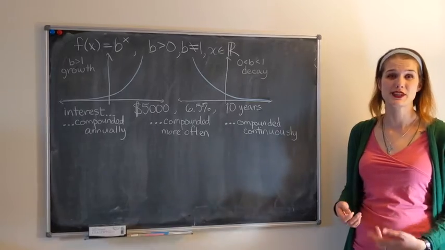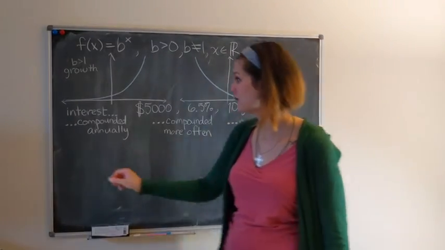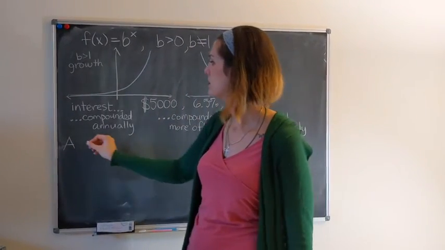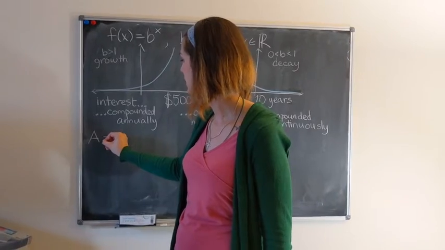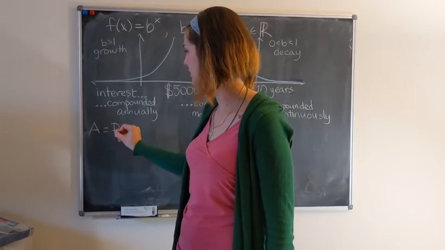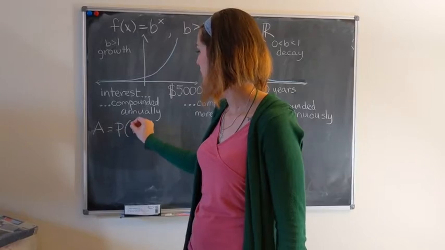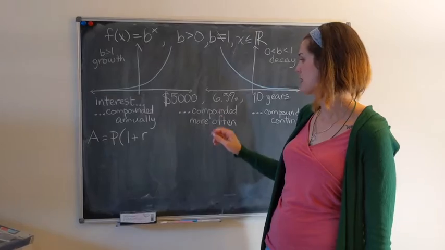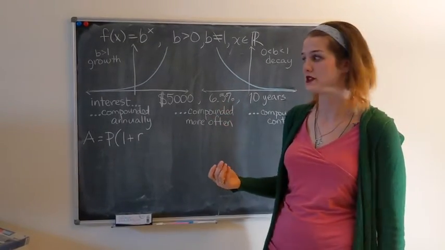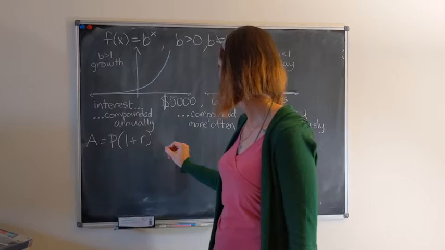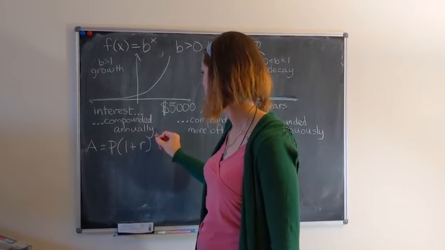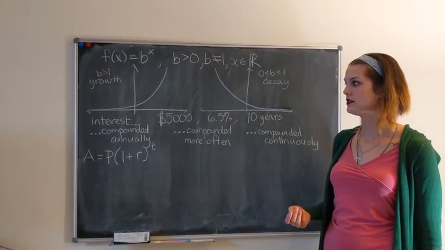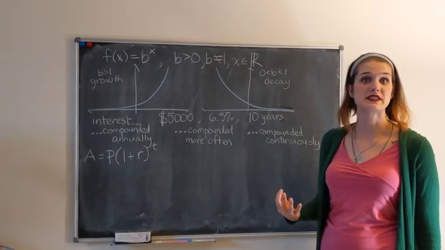So we're going to look at the simplest case first, which is if it's compounded annually, in which case the amount that is owed on this loan at any given time is equal to the principal amount of the loan times 1 plus the rate of interest, in this case 6.5% or 0.065, taken to the power of t, which is the number of years that this loan is sitting and collecting interest.